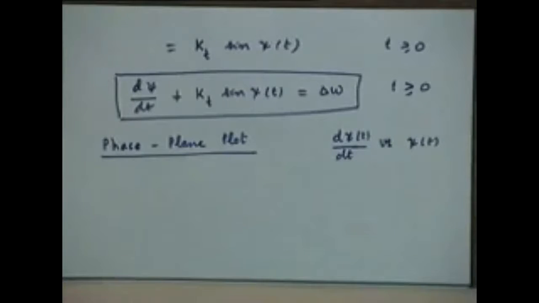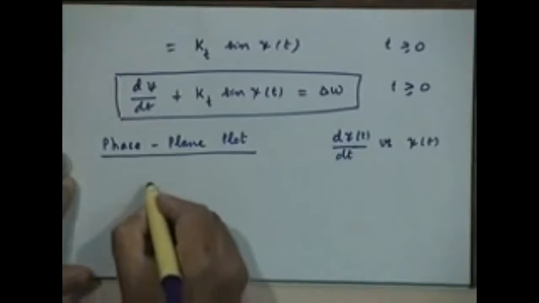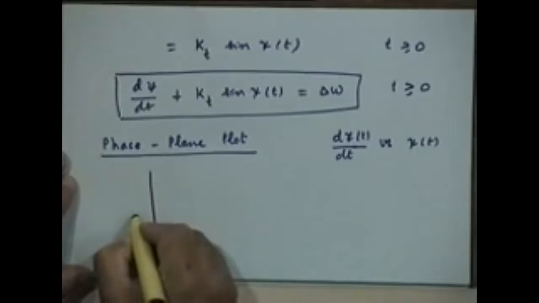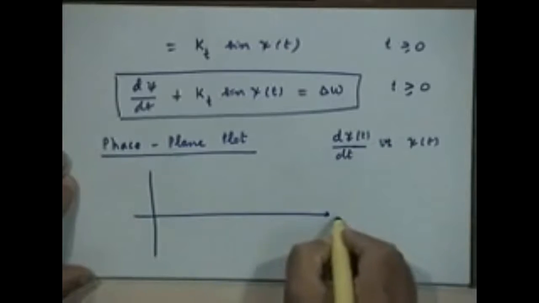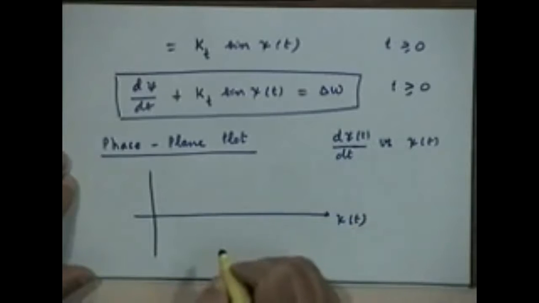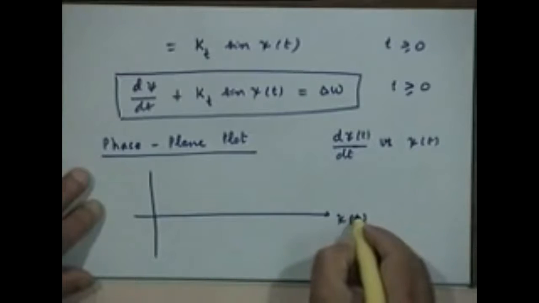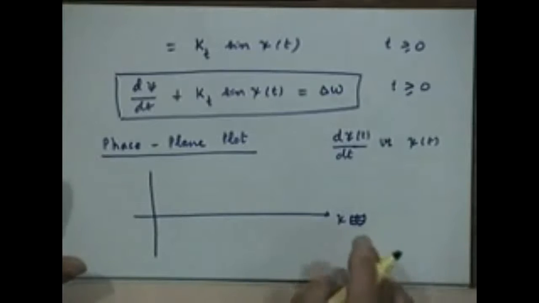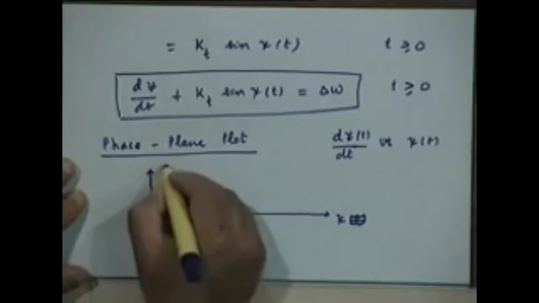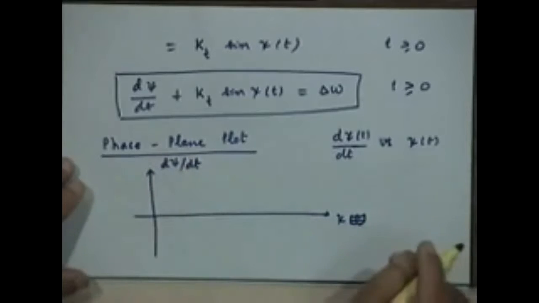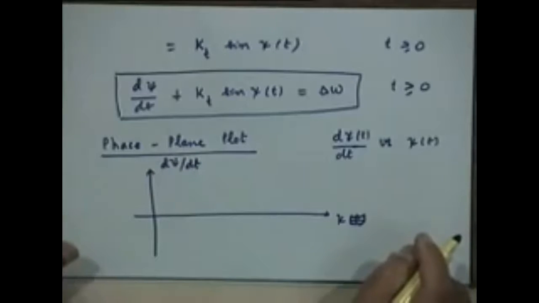So, we want to plot this. The X axis is the instantaneous phase error. We can remove the time dependence so that it does not confuse us. Just plot d psi by dt versus psi. What is the nature of this?